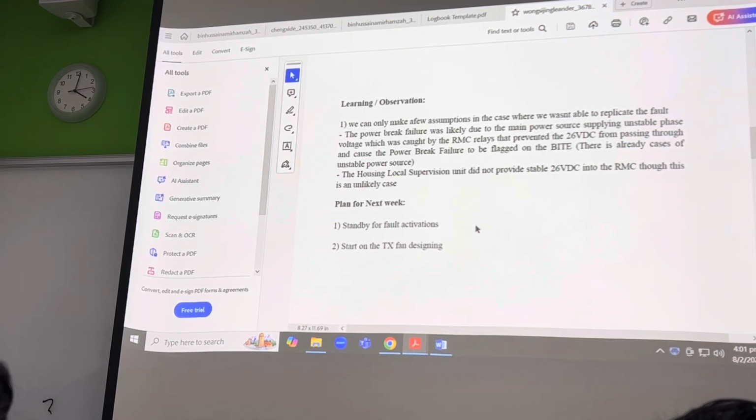But you know ST, right? They will find something, and then they will never take responsibility. They will always go back to OEM because they got some kind of contract with the OEM. If the OEM say die, you go and die. If the OEM say go and dive inside the sea, you go and dive inside the sea.